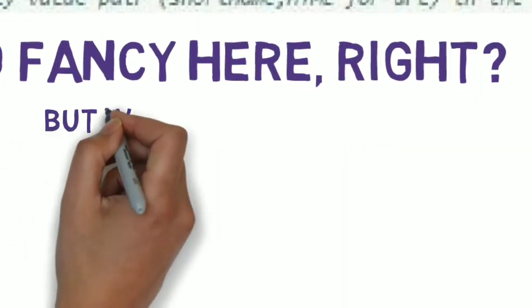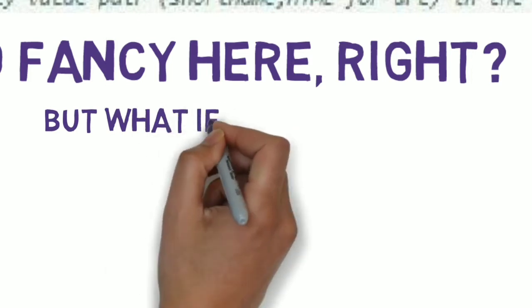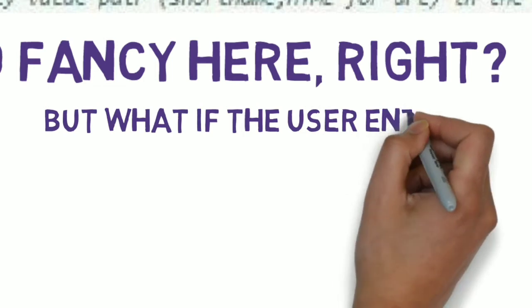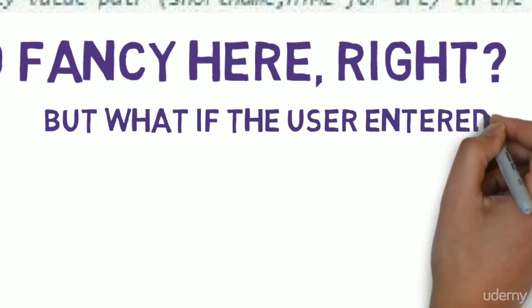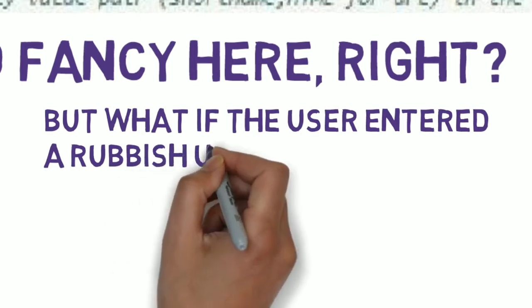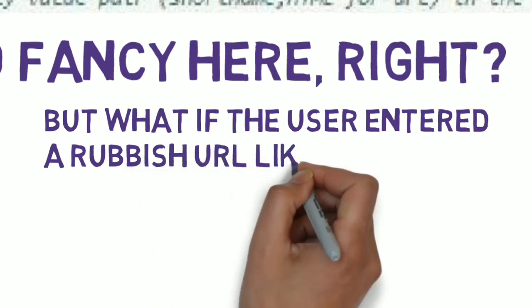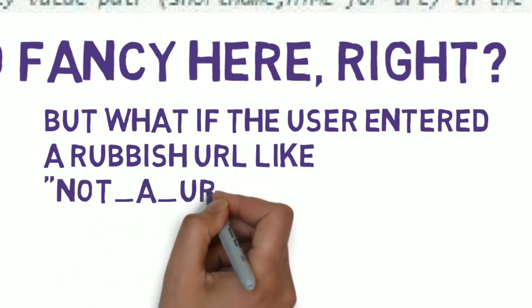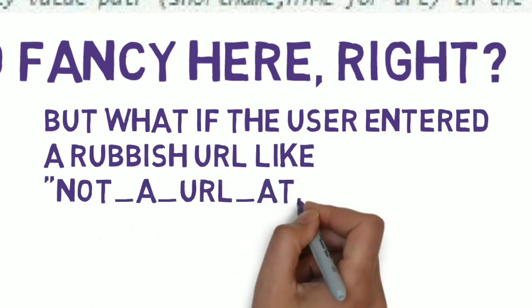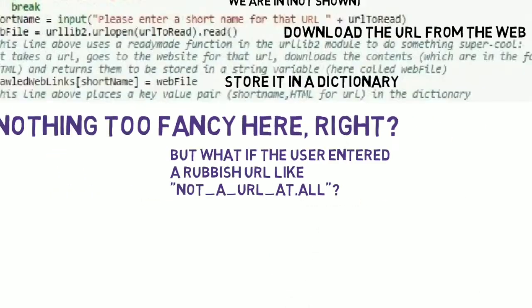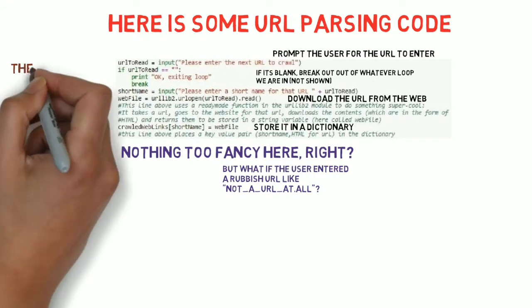Here's the catch. You are assuming here that the user is going to enter a valid URL. But what if the user entered a rubbish URL? Something like "not a URL at all". This will happen more often than you think.